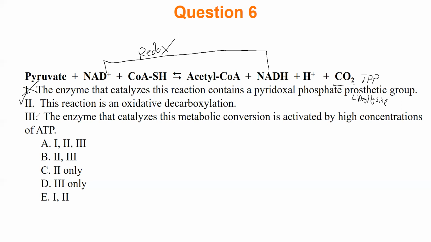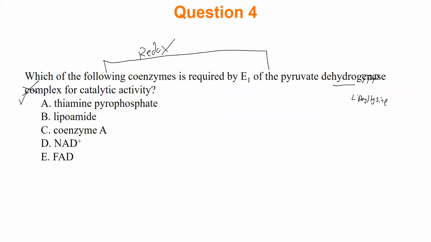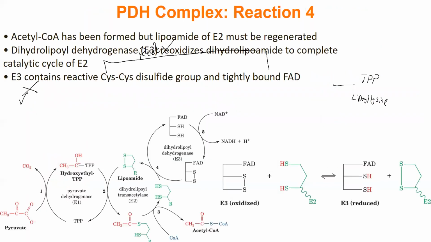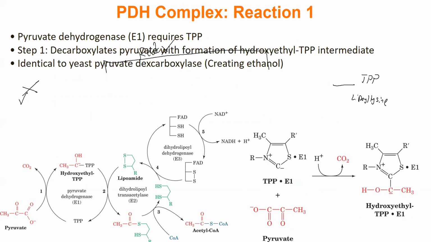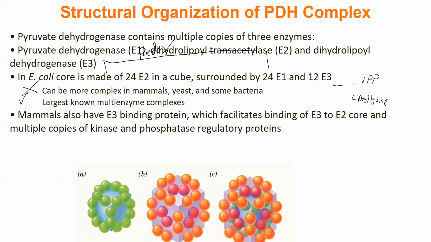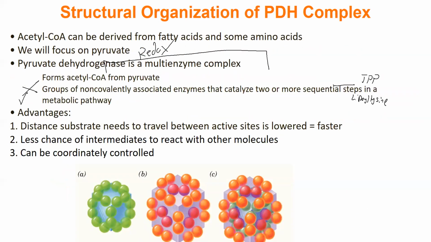This enzyme is activated by high concentrations of ATP. And if we go back to it, we didn't really talk about how this is activated, right? So throughout our discussion, I know the writing's there, so I apologize for this. Let me clear that. Should have done that before I went back.